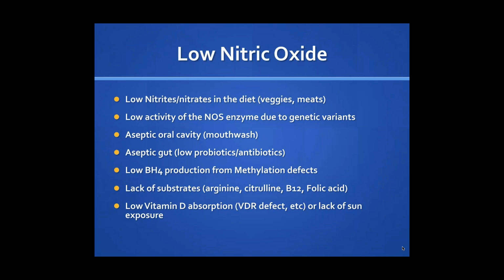Low nitric oxide can also occur because of a lack of it in the diet, in veggies and meats. The veggies are going to contain nitrites and nitrates directly, and meats are going to contain arginine.